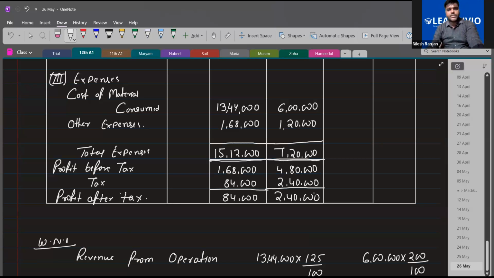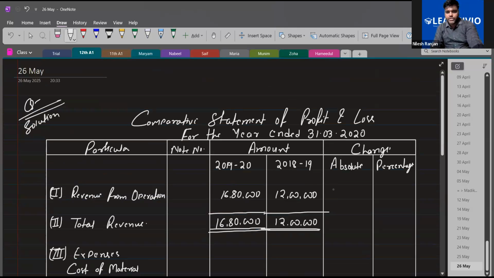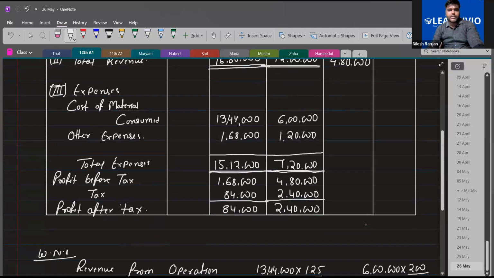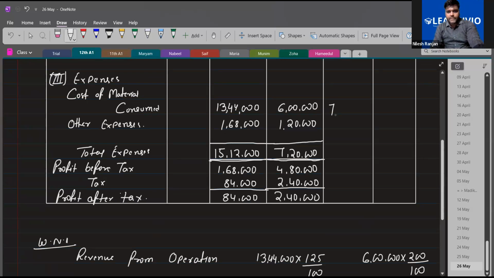Now, after completing this, we will start our absolute change. So 4,80,000 in revenue, and 4,80,000 in total revenue. Then in expenses it is 7,92,000.